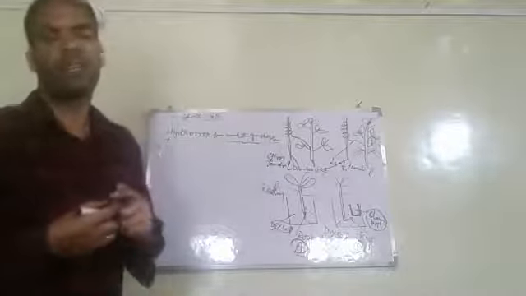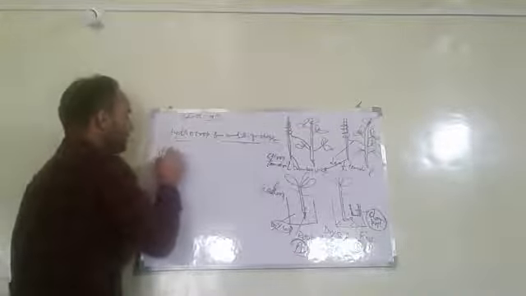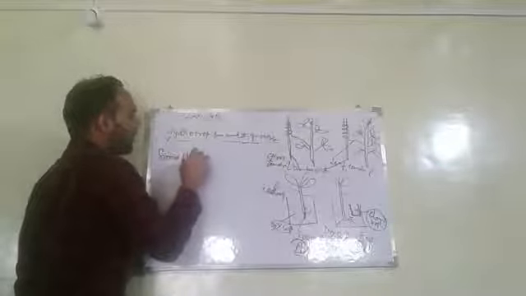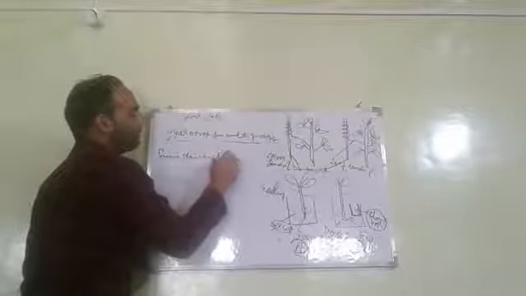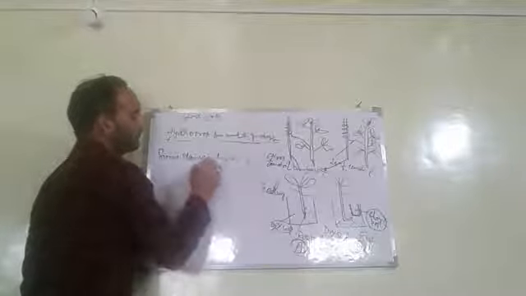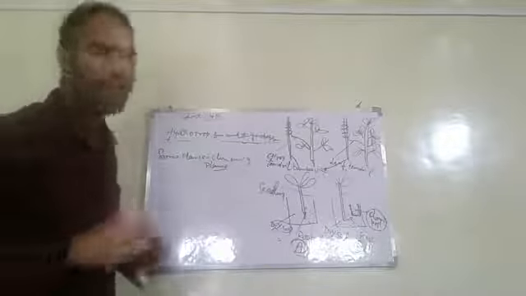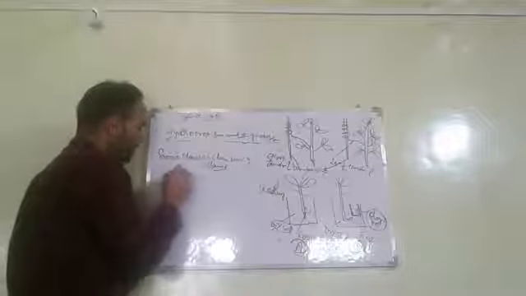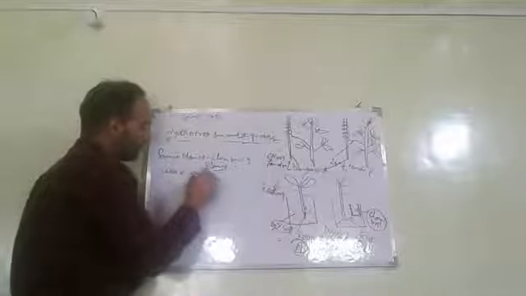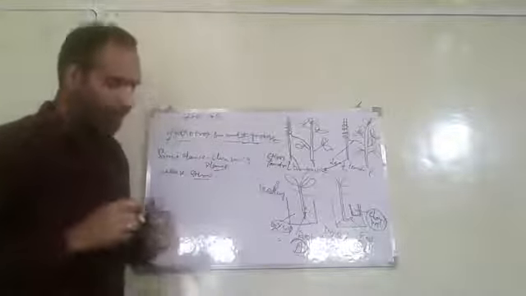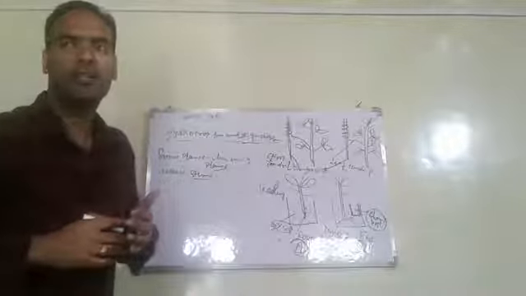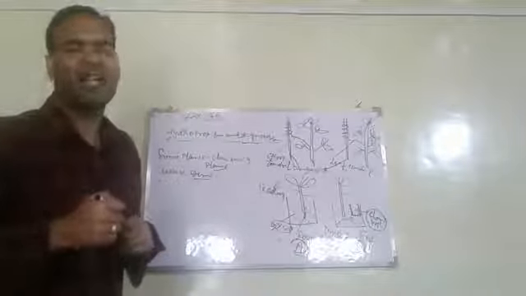The winding movement of tendril of a climbing plant is an example of thigmotropism. Now, what is this? Some plants called climbing plants have weak stems, so they cannot stand upright or erect.